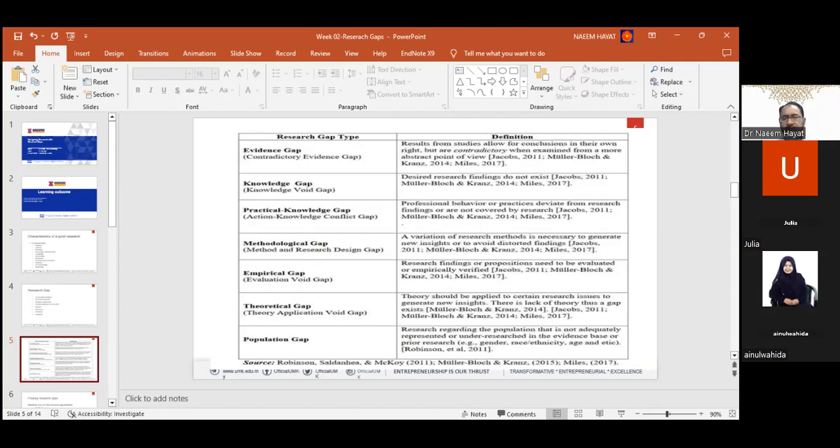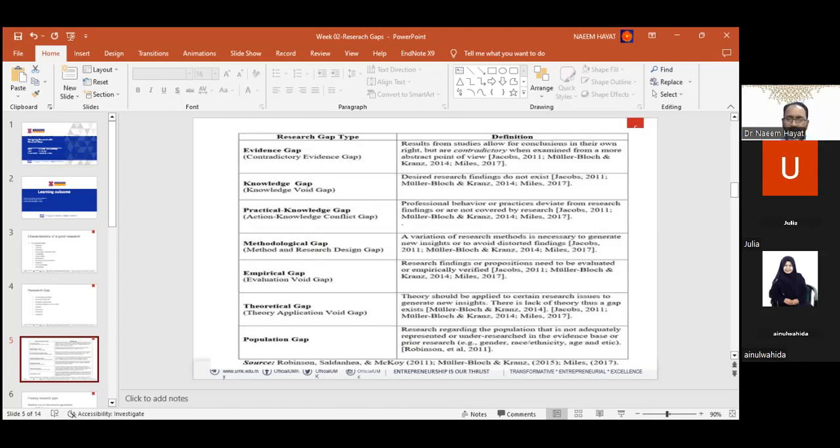Another gap that is available is called the empirical gap, evaluation-wise. Researcher findings or propositions need to be evaluated or empirically verified. There are certain papers you may come across, propositional papers, in the literature, which ask to extend the knowledge area for future research questions.